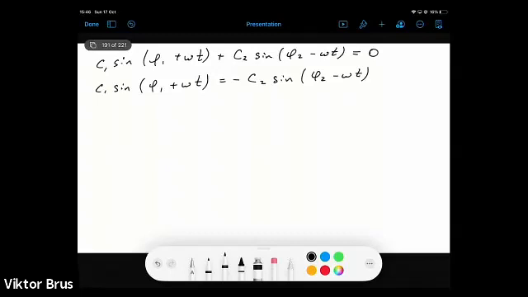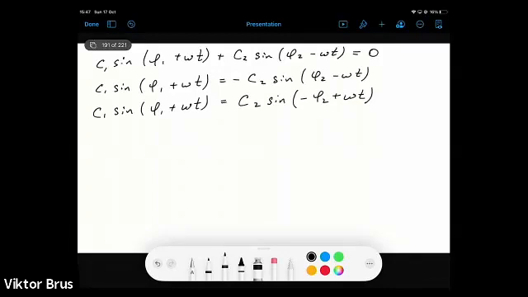So now we can put this minus in front of C2 into the argument of sine, and we can change the sign of the argument of sine, in order to get rid of this minus in front of C2. So then we can write C1 times sine (φ1 plus ωt) is equal to C2 times sine (minus φ2 plus ωt).